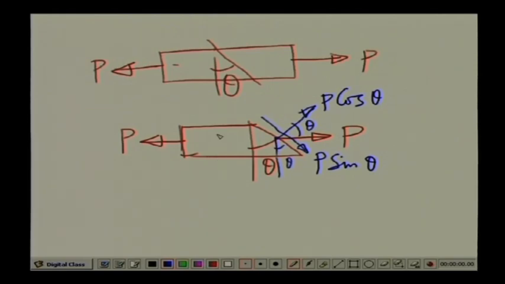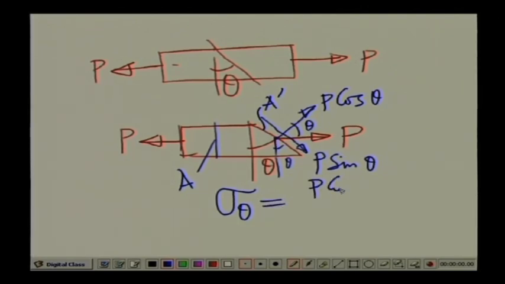Now, if we say that the cross sectional area here is A and the cross sectional area of this is A dashed, then the stress which is acting in this particular inclined plane, if we say the normal stress sigma theta, theta being designated by this particular plane which is cut at an angle of theta with respect to the vertical, sigma theta is equal to the normal force component, which is P cos theta, divided by this area A dashed, and from geometrical property here we can say A dashed is equal to A by cos theta.